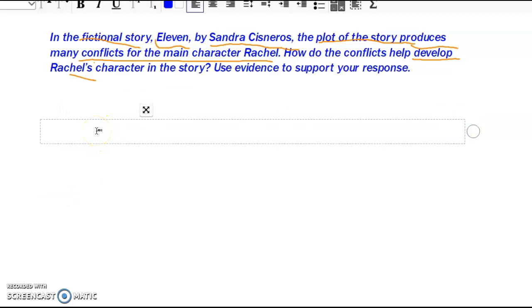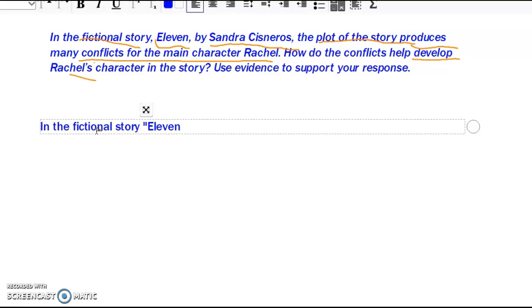All right, so let's start with our tag it. In the fictional story "11" by Sandra Cisneros, obviously on paper and pencil, when you write your TDA, you do not have italics to put your title in italics. So titles can be in quotation marks. This is a non-restrictive element. It's extra information, so we need commas around it.